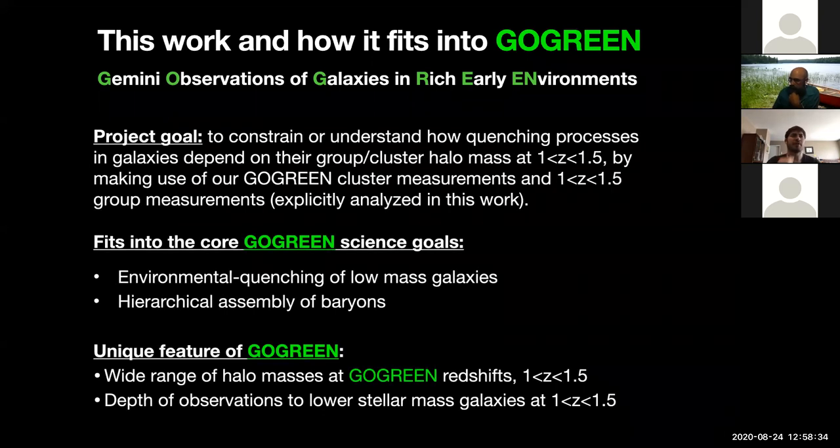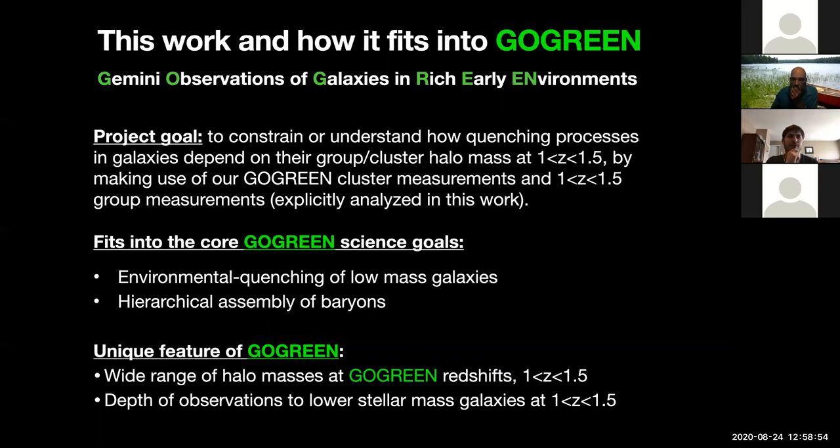So my work aims to constrain or understand how quenching processes in galaxies depend on their group or cluster halo mass at redshifts 1 to 1.5. I do this by making use of go-green cluster measurements as well as the group measurements, which I've done explicitly in my work.